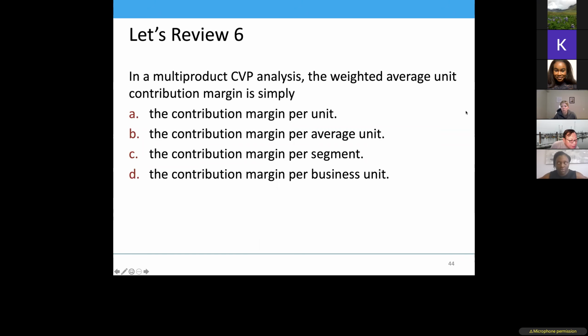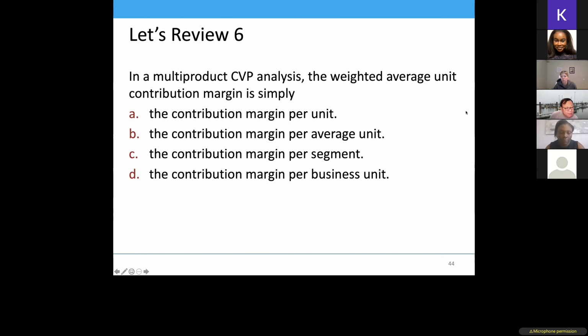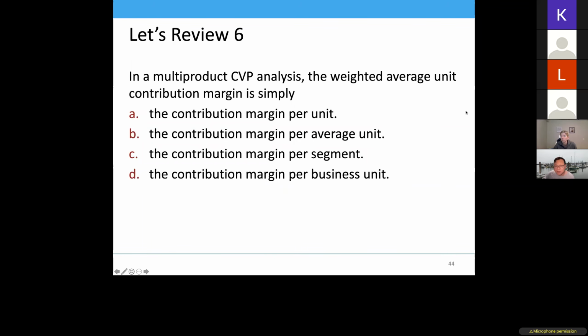Okay, so Kate Chan. I think it's B. B, okay. Nima, yeah, I was gonna go with B. Kate, I would say B as well. Long, I think it's B too. Yeah, okay. That's correct, right?